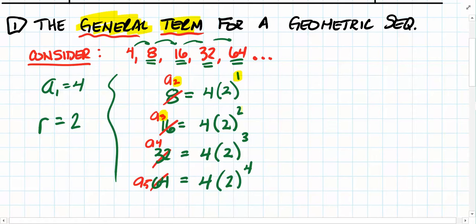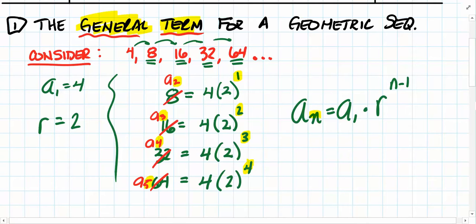Hopefully you're noticing that the exponent on the ratio is always just 1 less than the subscript you're given. So therefore, any term that we want can be written as the very first term multiplied by the ratio raised to the n minus 1 power.